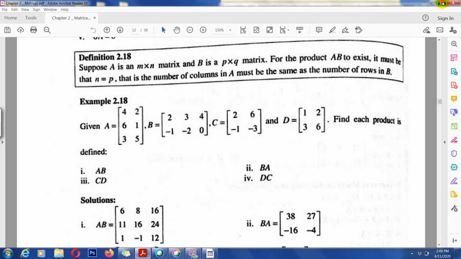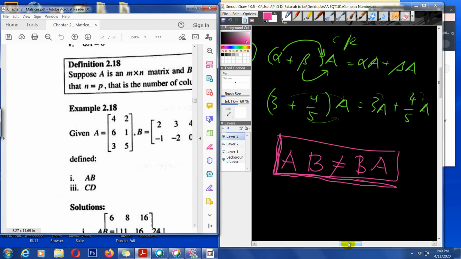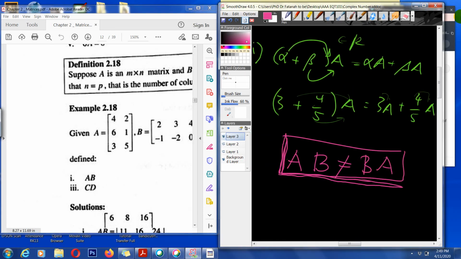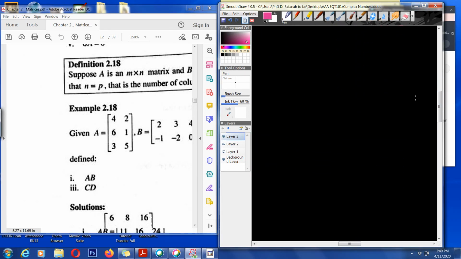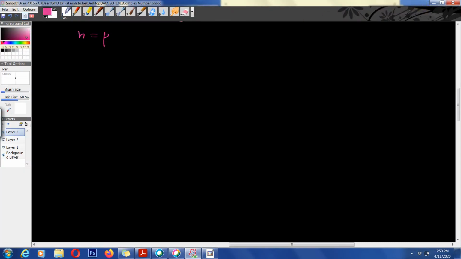Okay, let's try first. What is multiplication of matrices? N equals p. If we have 3, 2, 1, 4, 5, 1, so we have a 3 by 2 matrix, and then another matrix.